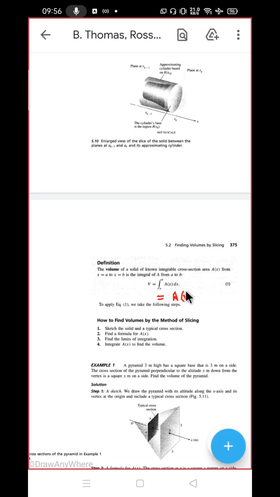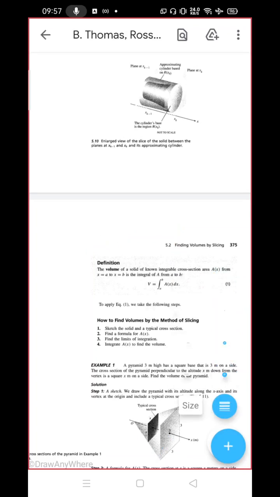Suppose A is constant, then I will write A as it is, and the integration from a to b will be b minus a. Do you agree? And do you see this will be the volume, area into this? Just now I gave you the example: area was L into B, and in our case height was H minus 0. Here it is b minus a, that's it.